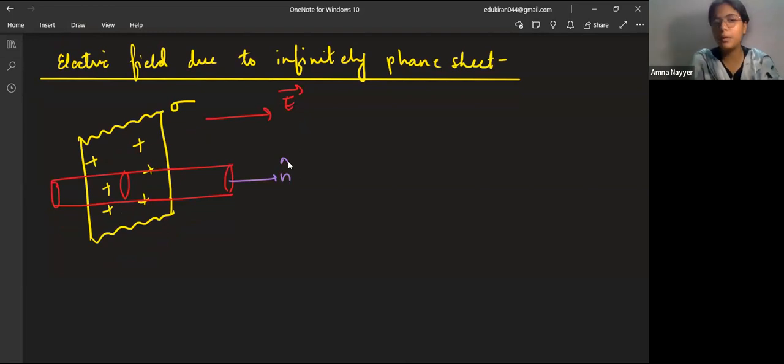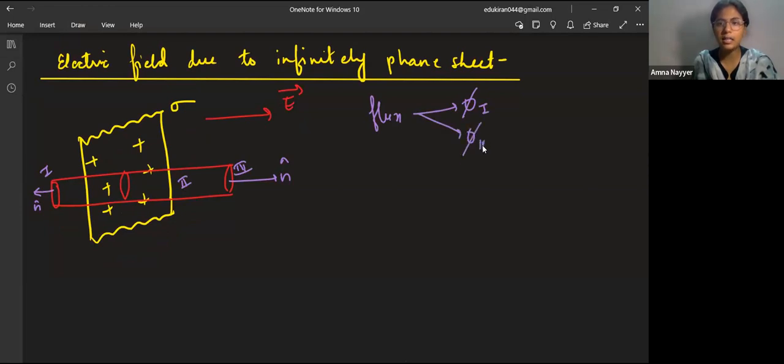So this time it won't be 0. If you take this first part, this is the second part, this is the third part. Now first and third parts are not 0. You will be having flux because of the first part and third part.